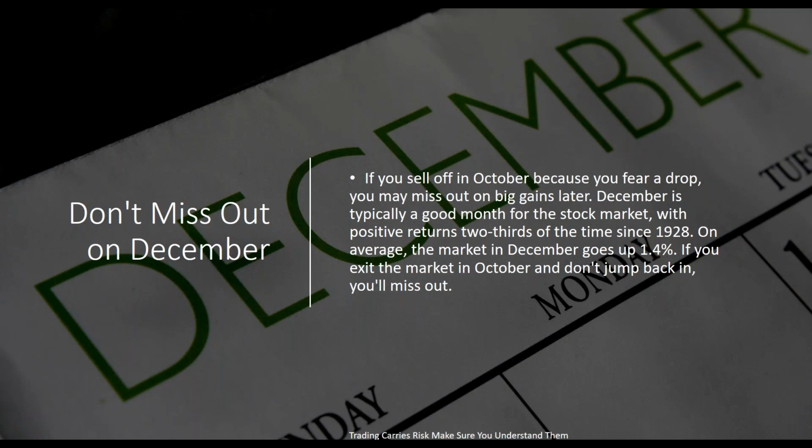December is typically a good month for the stock markets, with positive returns two-thirds of the time since 1928. On average, the market in December goes up 1.4%. If you exit the market in October and you don't jump back in, you'll miss out.